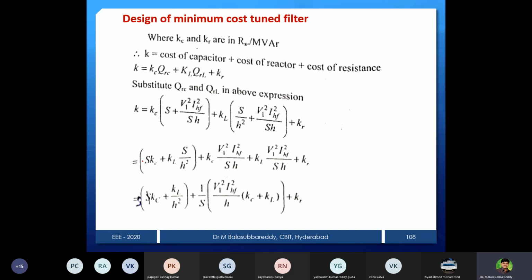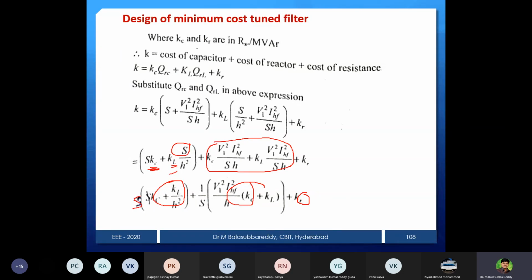You can see here I have taken S common, the remaining term is Kc, and KL by H square. From the other two factors I have taken 1 by S common. If I remove the 1 by S outside, the rest of the terms remain. So now it is S into something plus 1 by S into something plus KR, which is the cost of the resistor.